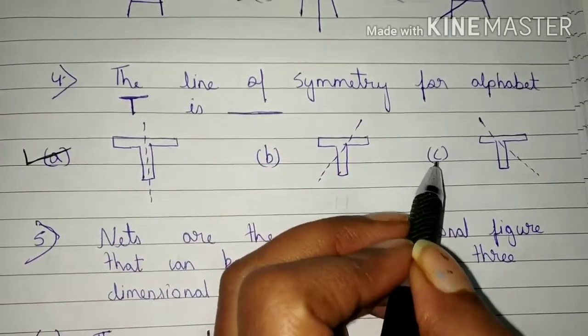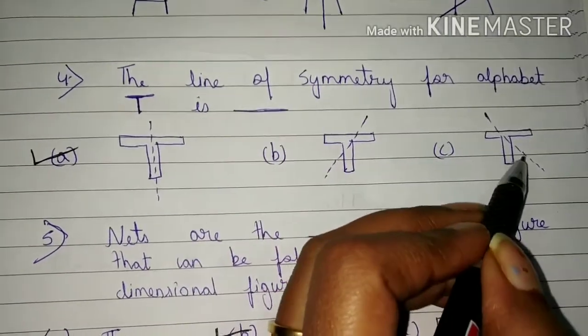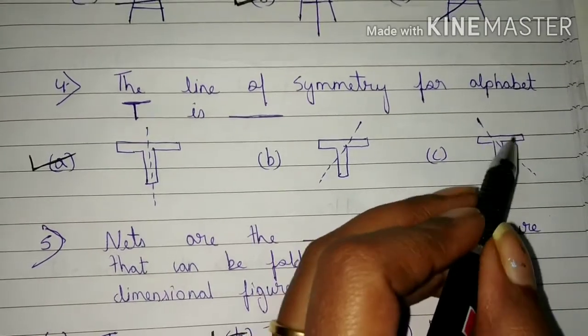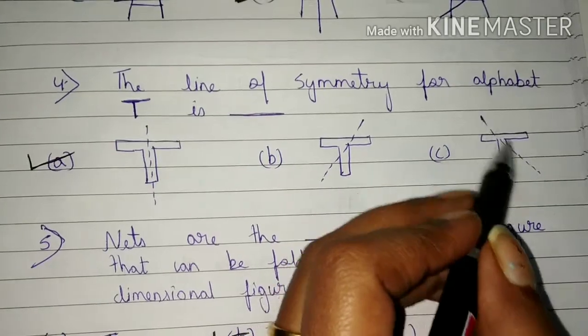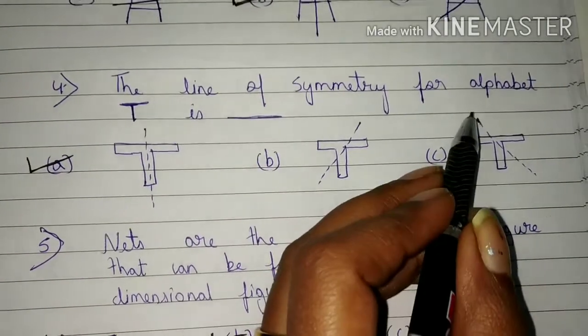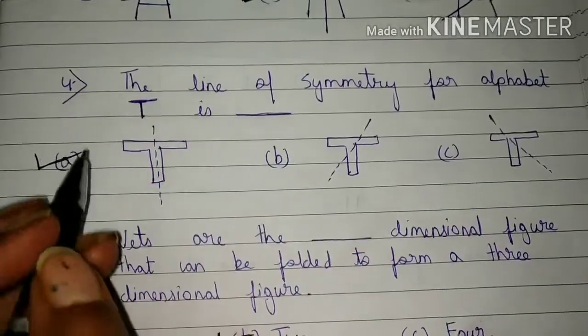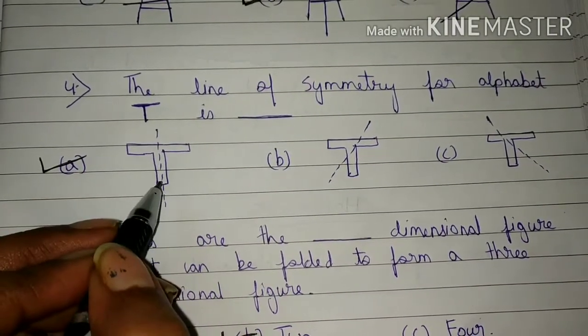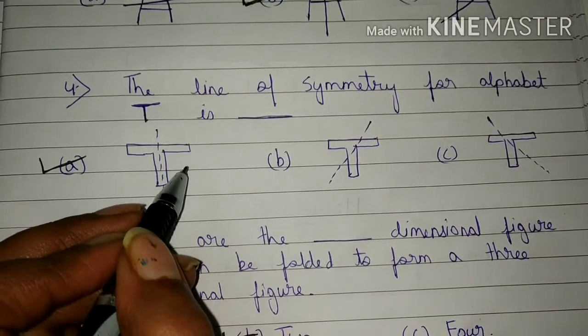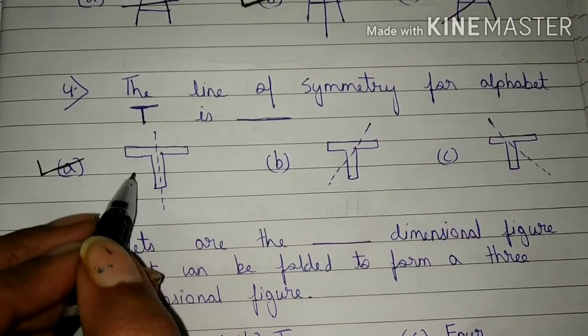Students, in option C, this line does not divide the figure into 2 equal parts of same shape and size. So this is not a line of symmetry for alphabet T. Now students, in option A, this line divides the figure into 2 equal parts of same shape and size.